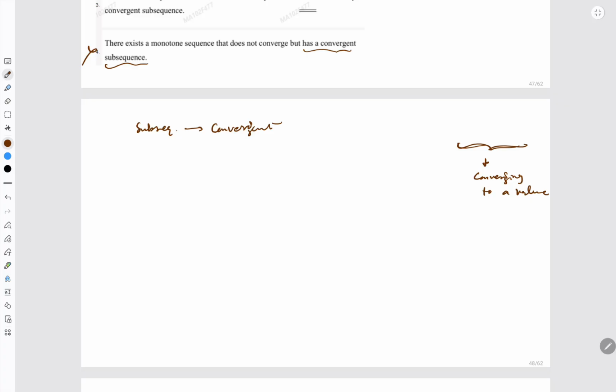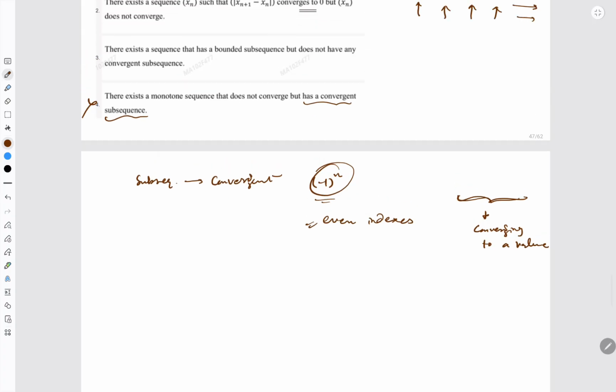I actually misread this at first. So it is saying that there exists a sequence that has a bounded subsequence. The subsequence that you are picking is bounded, but it should not have any convergent subsequence, right?